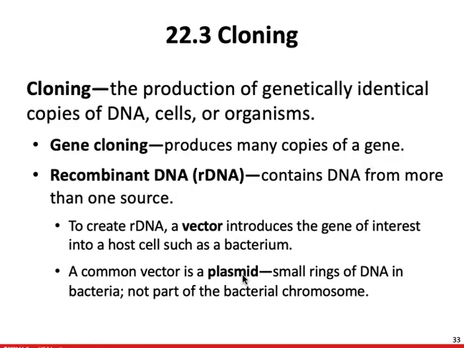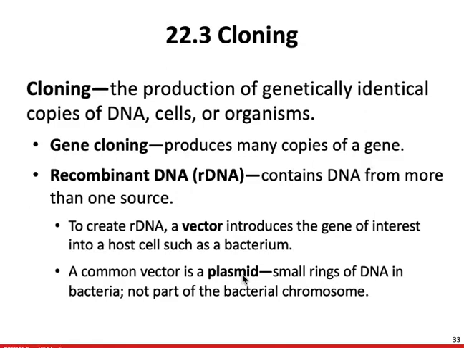These plasmids are little rings of DNA that are not part of the basic chromosome, but they do carry very important information that bacteria can pass back and forth. A lot of times the bacteria will pick up information like antibiotic resistance to a particular antibiotic. They keep that information in a plasmid, which they can then copy, replicate, and pass back and forth to their neighbors.